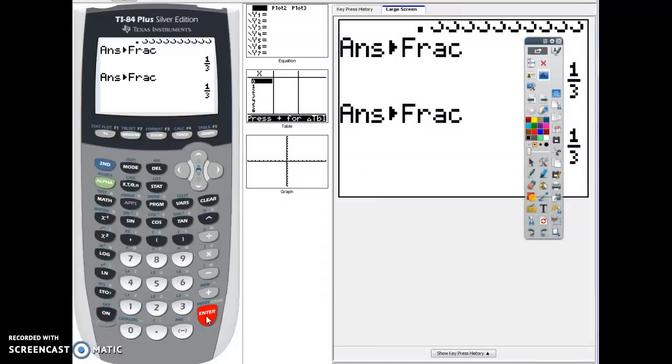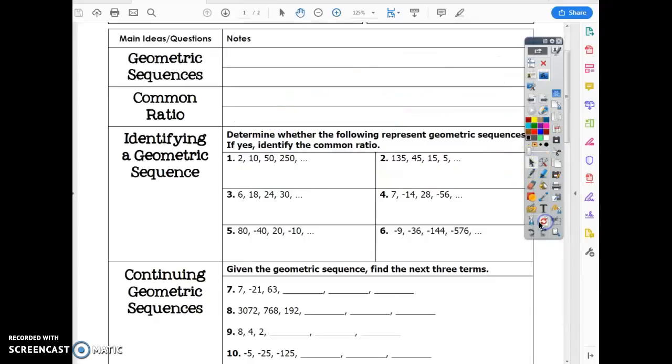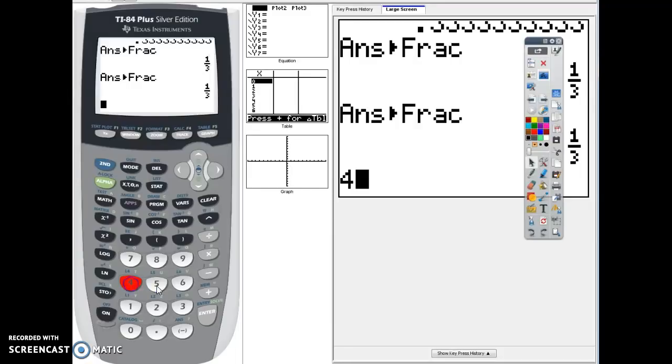So we have to check all of them, not just the first one. So right here, that equals 1/3. That means this times 1/3 gives me 45. But 45 times 1/3, does that give me 15? And then 15 times 1/3, does that give me 5? So let's go ahead and check those using the calculator. 45 times, I'm going to use parentheses, 1/3.